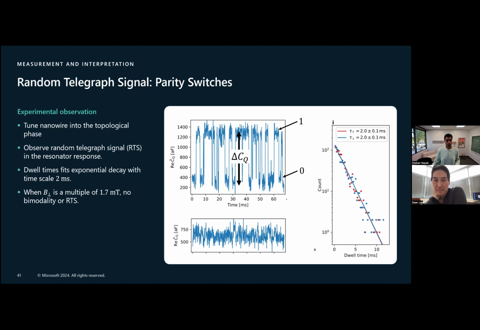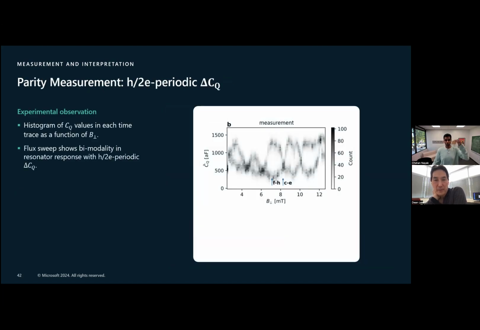To identify that flux dependence, we take a histogram of values, so just bin the values that we see in that bimodal signal. And as a function of perpendicular magnetic field, you can see that it is bimodal. It's roughly h/2e periodic, and that bimodality is flux dependent.